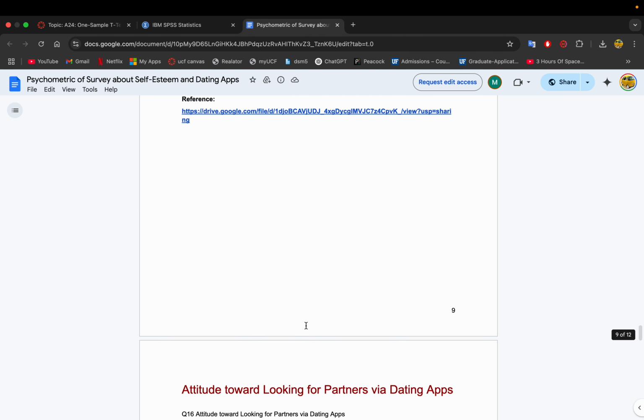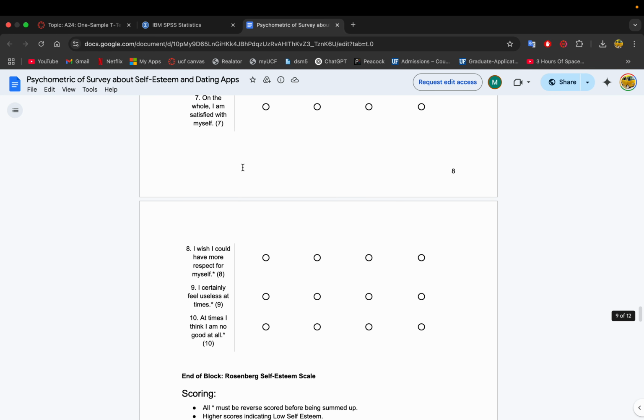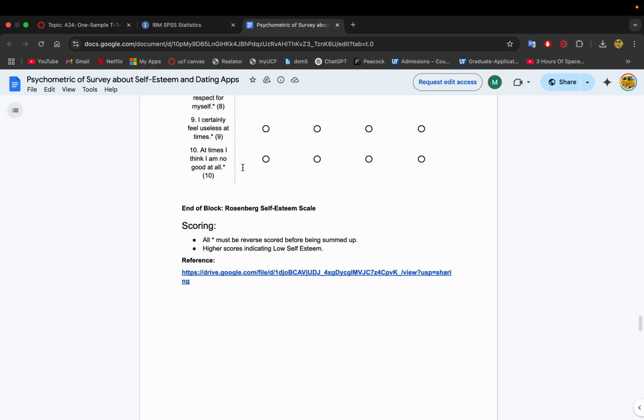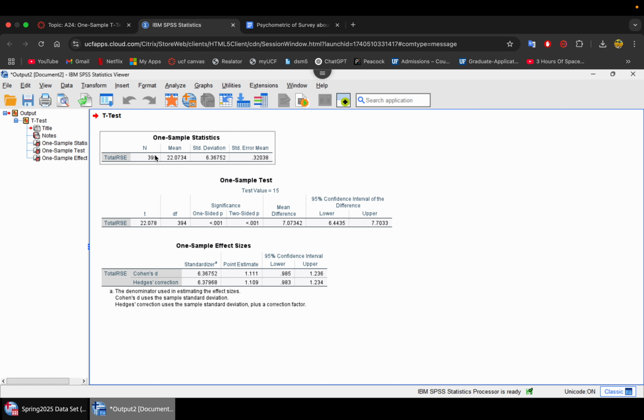So we're going to look at our psychometric survey, and we're going to go to self-esteem. It should be right here. It is right here, yeah. So right here it says higher scores indicate low self-esteem. Therefore, on our test here, our mean is 22.07.